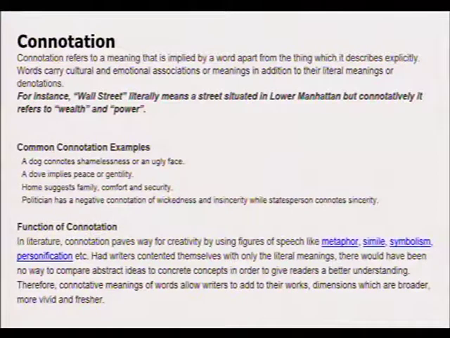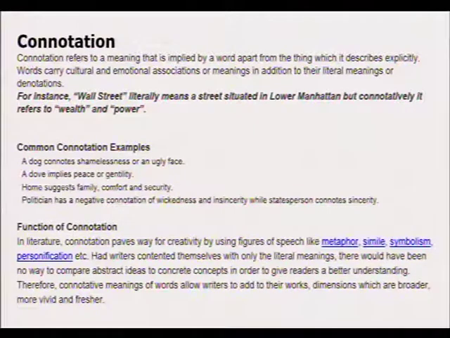And then a politician has a negative connotation of wickedness and insincerity, whilst statesperson connotes sincerity. So it depends as well. When we talk about politics, you would have a negative connotation.